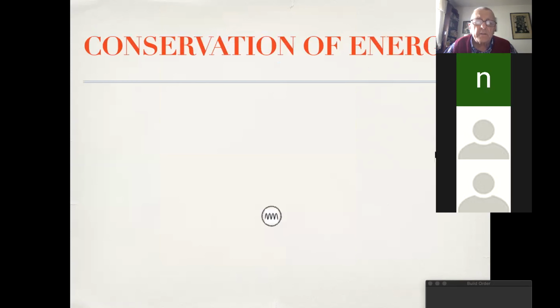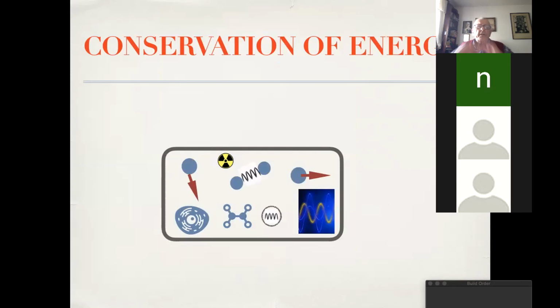So we are now going to talk about the conservation of energy, and let's imagine for a second that we have a container which contains a piece of matter. As usual, we can have two views of it.